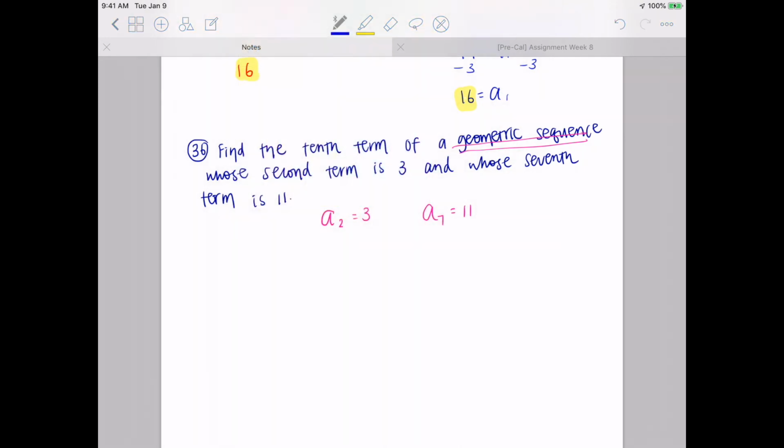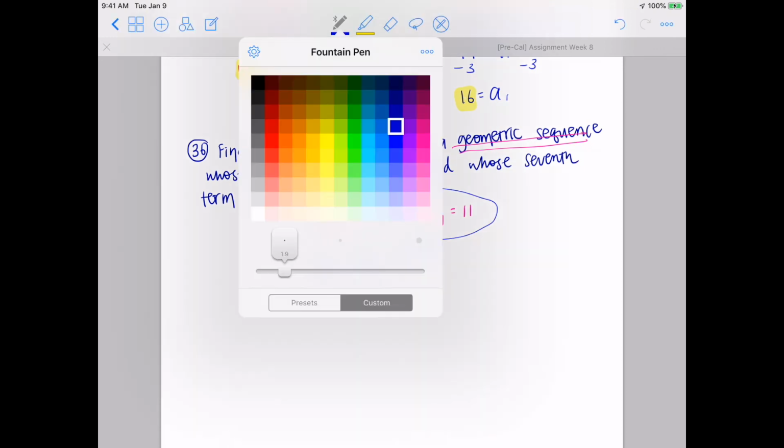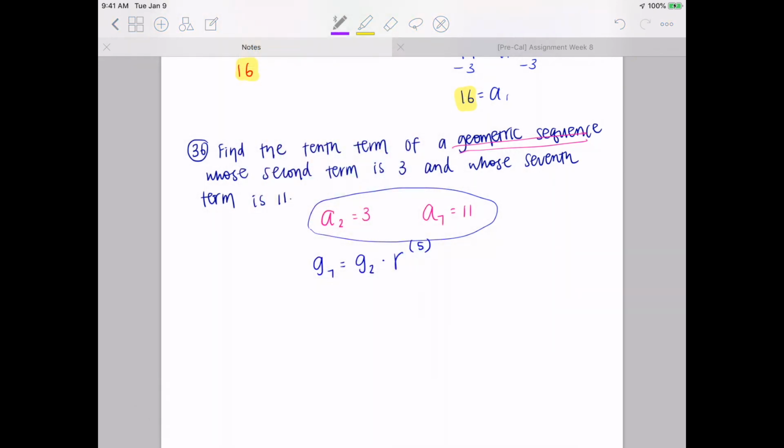So if I know my seventh and second term, we're going to be using all of this information to figure out what the ratio is. Okay, so I'm going to say g sub 7 equals g sub 2 times r to the, how much is 2 to 7? Is 5 numbers away, right? So this new formula, we're going to substitute all the numbers in there. We got 3 times r to the 5th power equals 11.